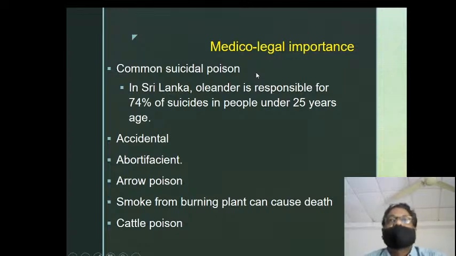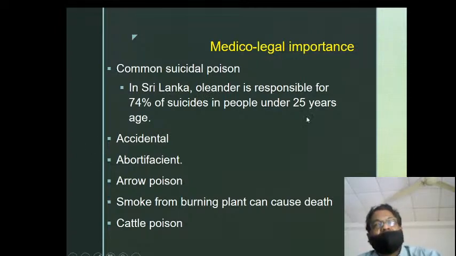In a country like Sri Lanka, oleander is responsible for 74% of suicides, especially among individuals under 25 years of age. It is the commonest suicidal poison in Sri Lanka. It can be a possible accidental poison.